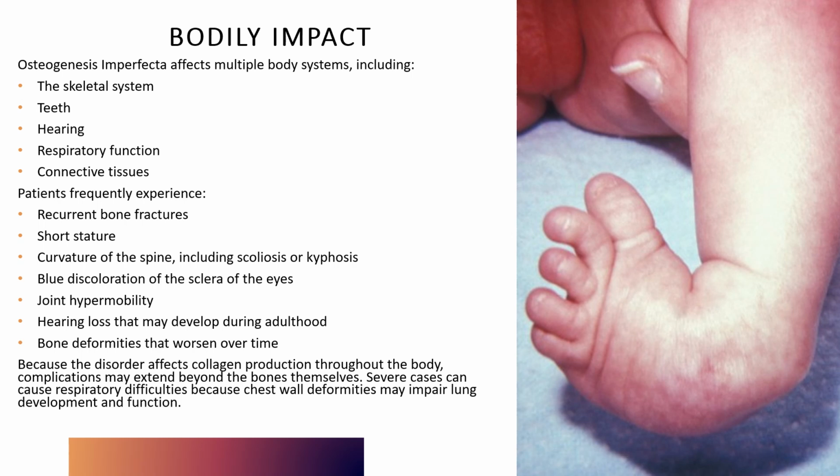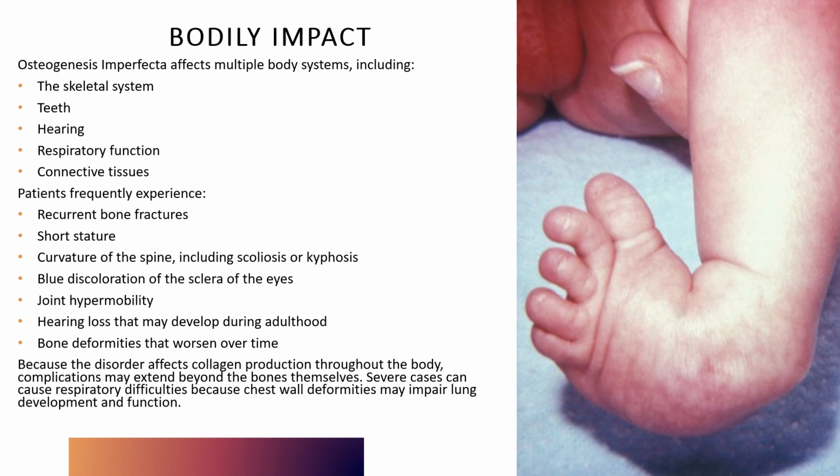It can also be purple, gray, those types of colors. You have joint hypermobility, so they do not have the same range of motion that an average human has. They can develop hearing loss during adulthood, as well as the bone deformities worsening over time.